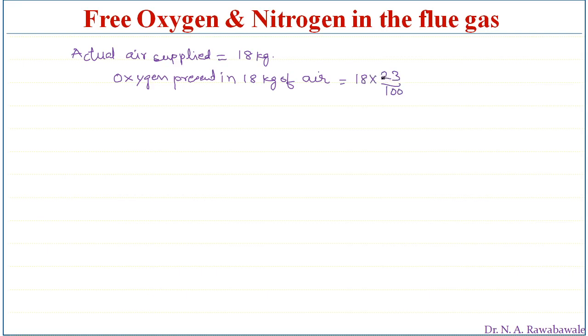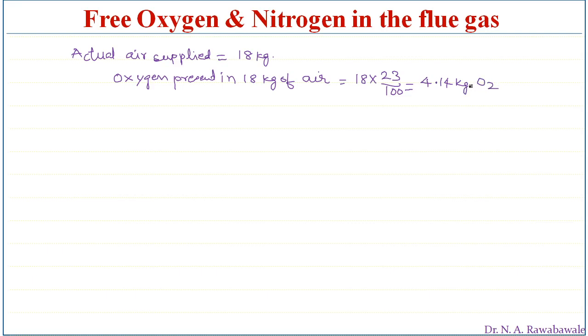So 18 into 0.23 gives 4.14 kg of oxygen present in this 18 kg of air.